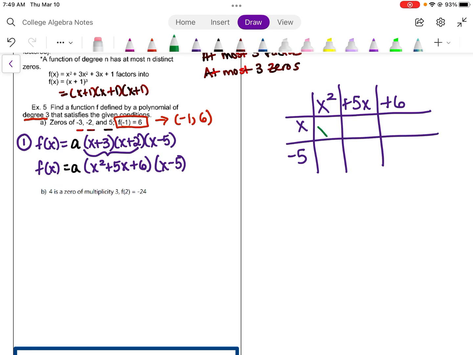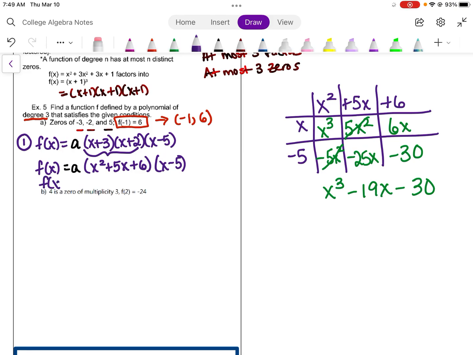Then I'm going to do my multiplication. So x to the third, 5x squared, 6x, minus 5x squared, minus 25x, minus 30. When I total that up, I'll have x to the third, these add to 0, minus 19x minus 30. And we still have that a hanging around there.